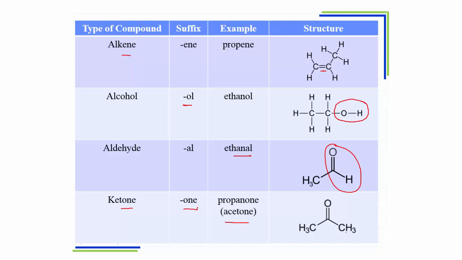In this case, we still have our carbon double bonded to an oxygen like we did in our aldehyde, but now instead of having a hydrogen, we have two non-hydrogen groups attached to that carbon. Notice we have a shorthand notation. We don't actually show the carbons in the middle, but they are actually there. Again, just a brief overview of just a few examples of the many functional groups present.